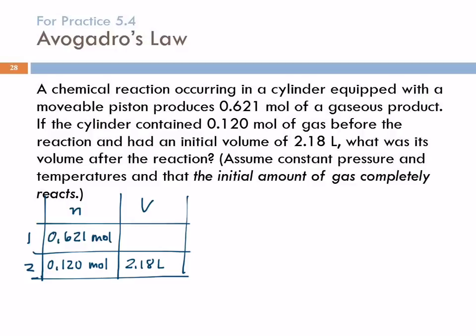It reacted and formed this other gas. And so there's no adding or subtracting that we have to do. Sometimes in Avogadro's law problems, they'll say, well, so much gas was added to the balloon, and now what's the new volume? Then you have to add moles of gas. But this one doesn't do that. So then this is going to be V1. Any questions yet?